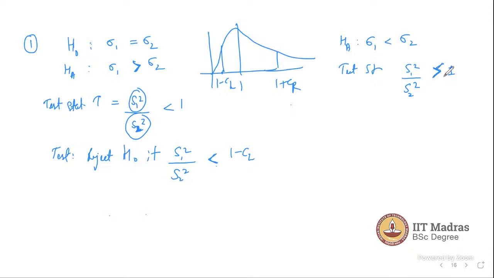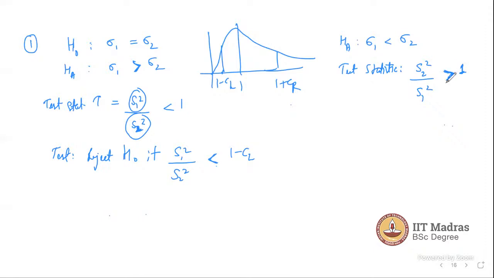Sorry, again, it is less than 1, right? So if I take the test statistic S2 squared by S1 squared, now it is greater than 1.